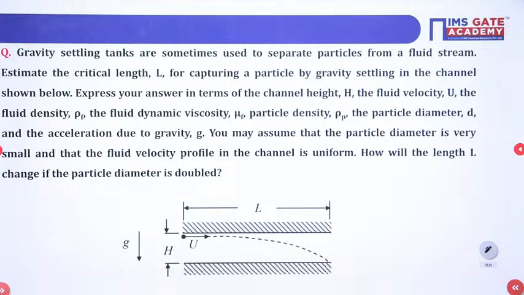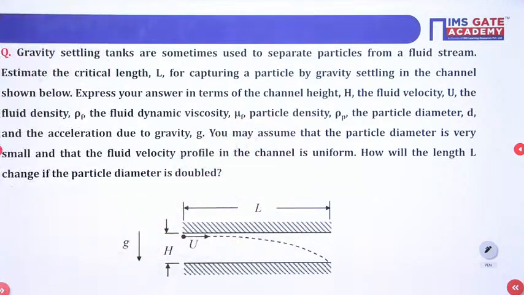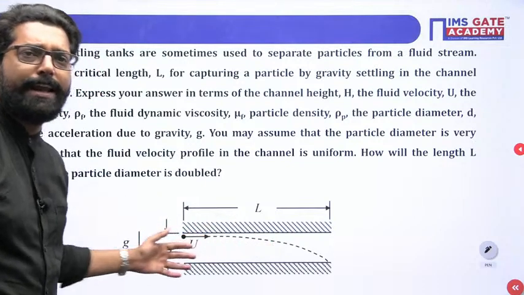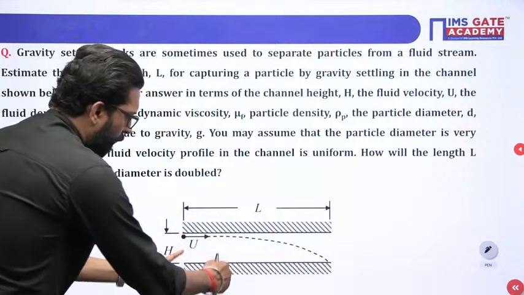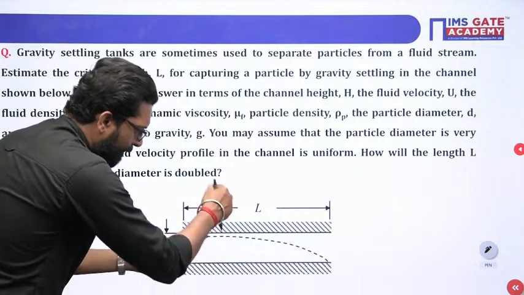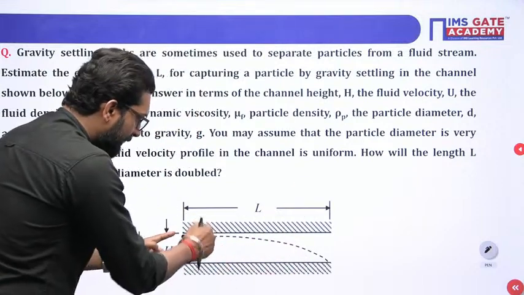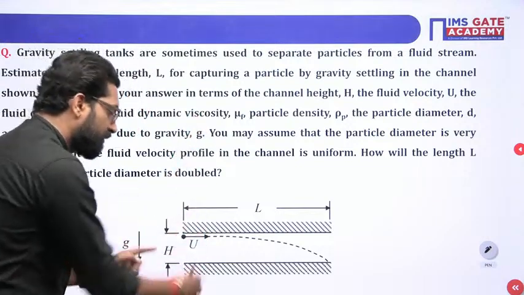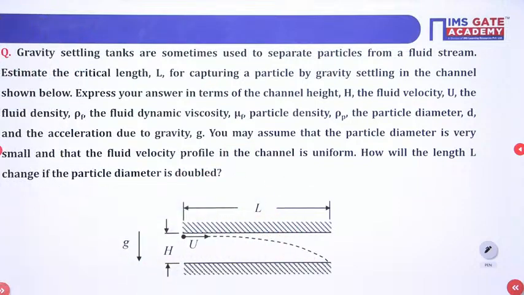That means uniform fluid flow, all the cross section, the velocity is the same. It is not that at this point the velocity is changing. At each and every cross section, the fluid velocity is the same; that is called uniform flow.